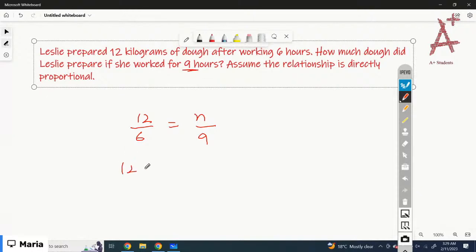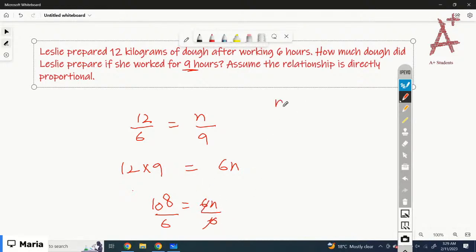Got it? Just do cross multiplication. It would be 12 times 9 and 6 times n. So 12 times 9 is 108, equals 6n. And now you have to calculate the value of n only, divide both sides by 6.